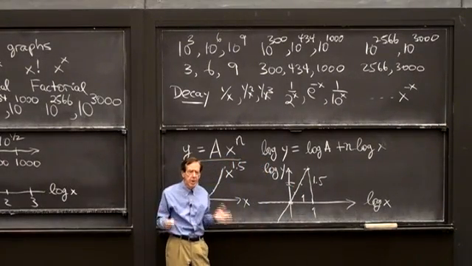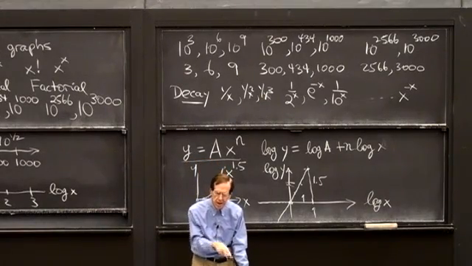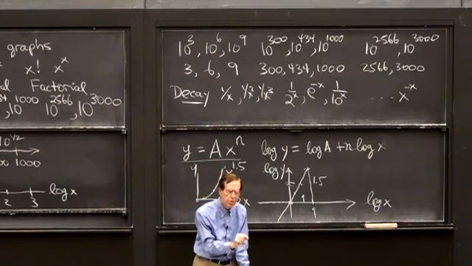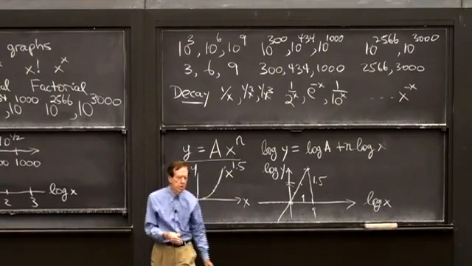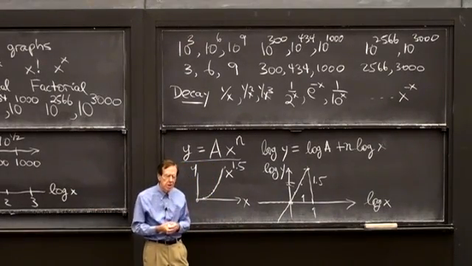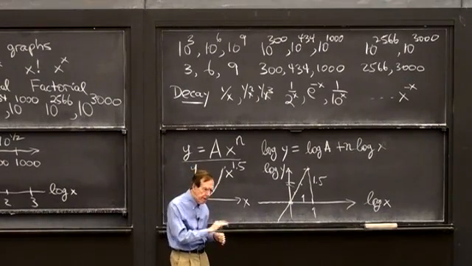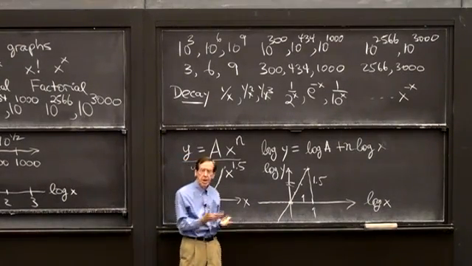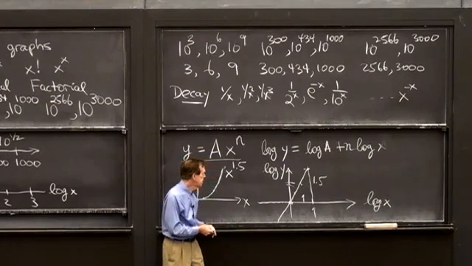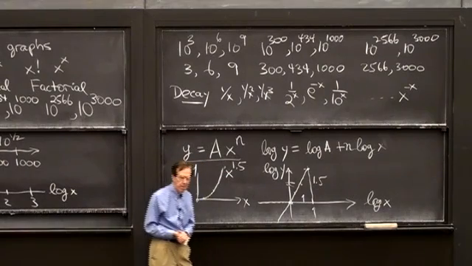How do you fit a straight line? Let me save that for a future chance. The standard way is what's called least squares. Least squares is a very important application, and the best line, it turns out, is a calculus problem.